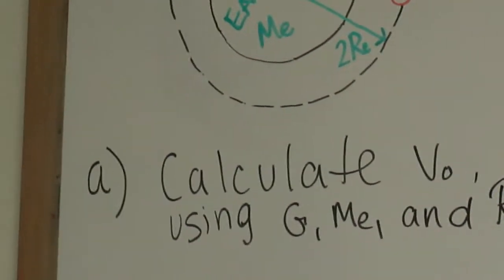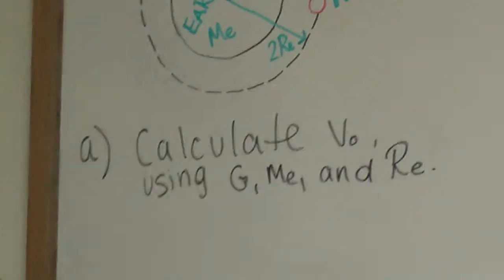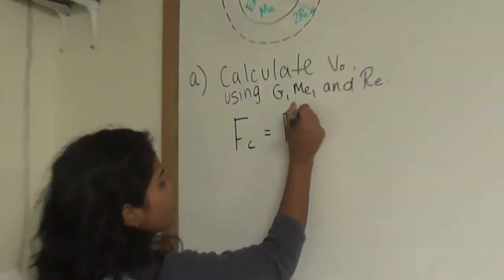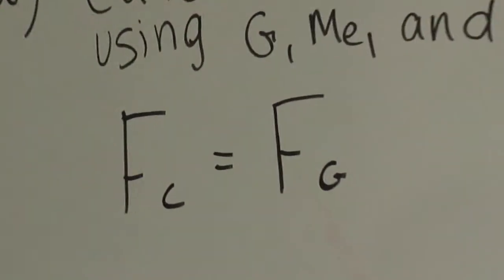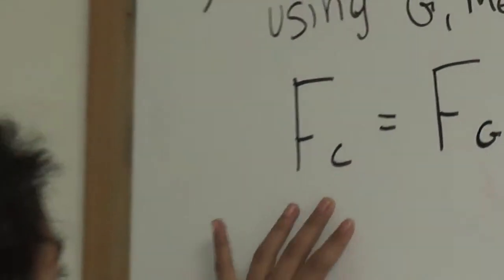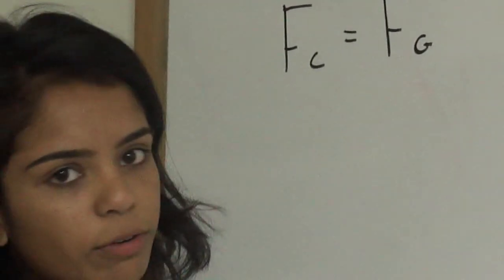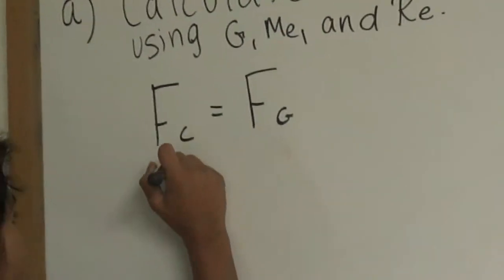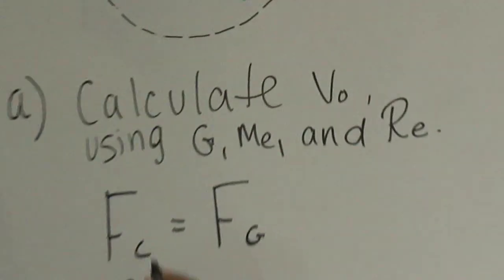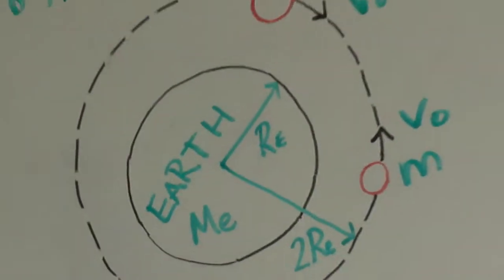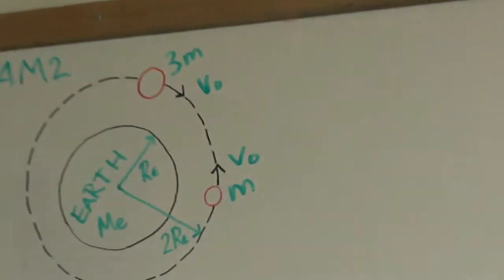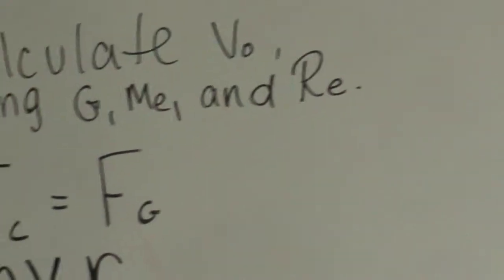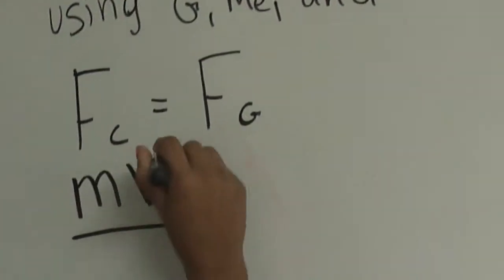So in order to do this, we use previous knowledge that the centripetal force is equal to the gravitational force. This contains velocity, and using all of the other knowns, we can calculate our velocity. So the centripetal force is m, the mass of the satellite, times v initial squared divided by r.